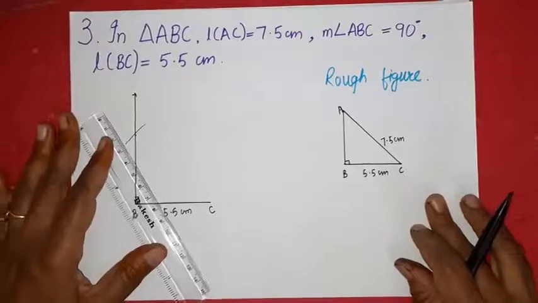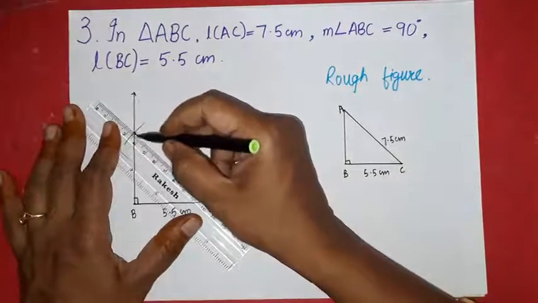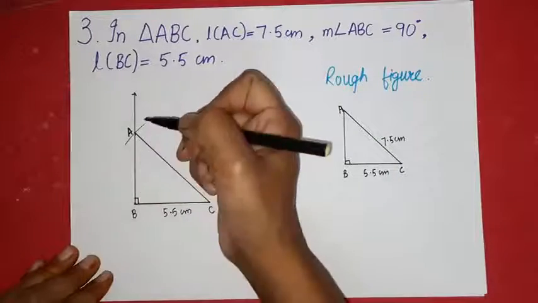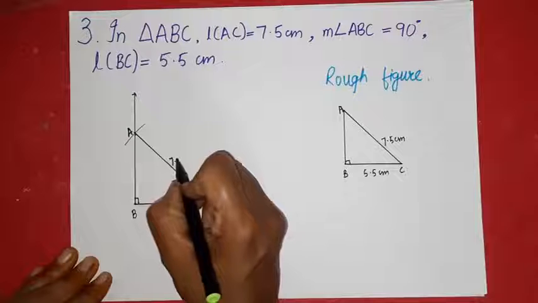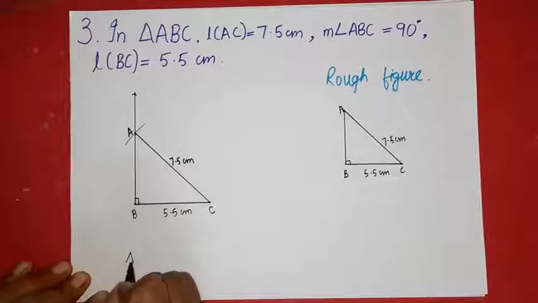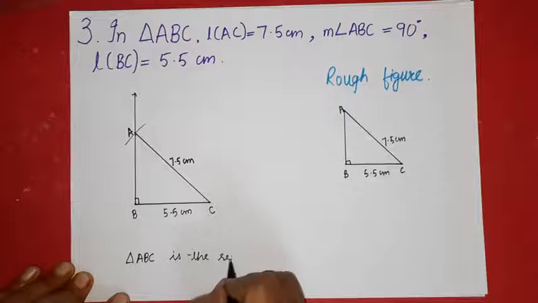Join this intersecting point with vertex C. You will get the hypotenuse here. Now this is the vertex A. This is the segment of 7.5 centimeter, so we will write its measure here. Now this is the required triangle. So we will write here, triangle ABC is the required triangle.